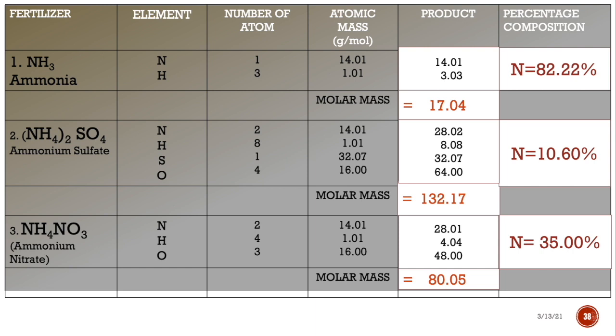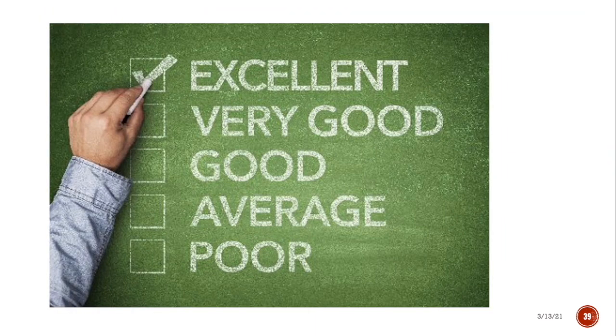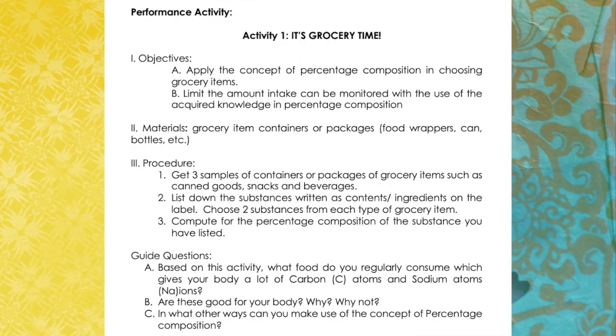Did you learn many things today? Very good. Give yourself a tap on the shoulder. For tomorrow's discussion, I would like you to perform an activity entitled It's Grocery Time. Saturday is a grocery day for mommies. From the grocery bag mommy brought home, choose 2 food items in sachet, can, pouch, or bottle. Check the label on nutrition facts or ingredients.